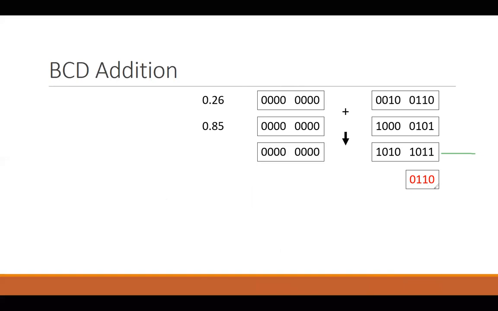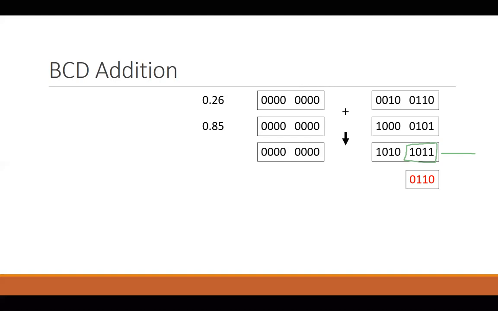This 0110 acts as the correction nibble, and if this sort of error occurs, we are going to add this to the value in order to correct it. So I'm going to add this correction nibble to this first nibble of my value.